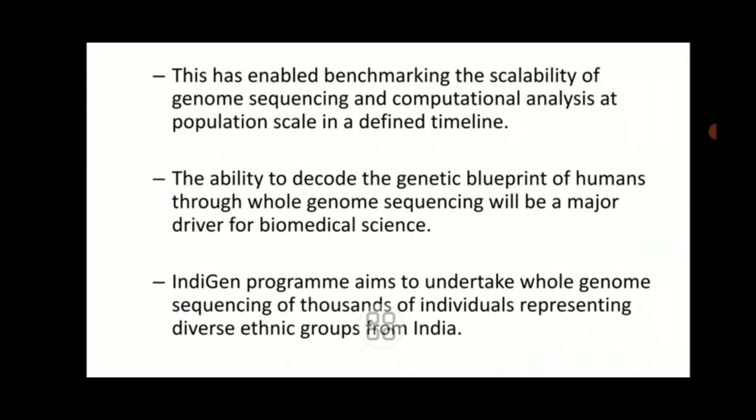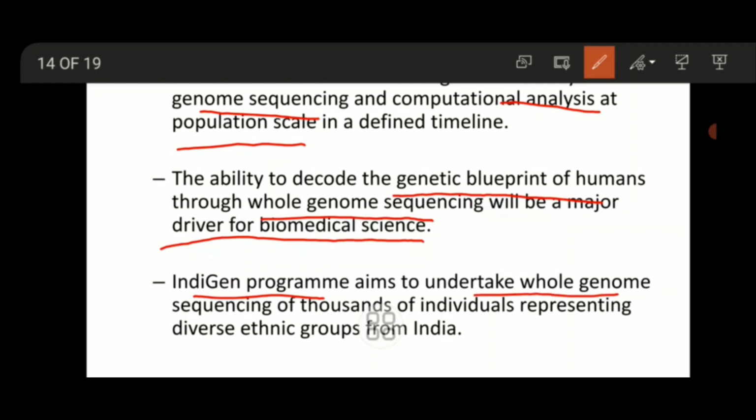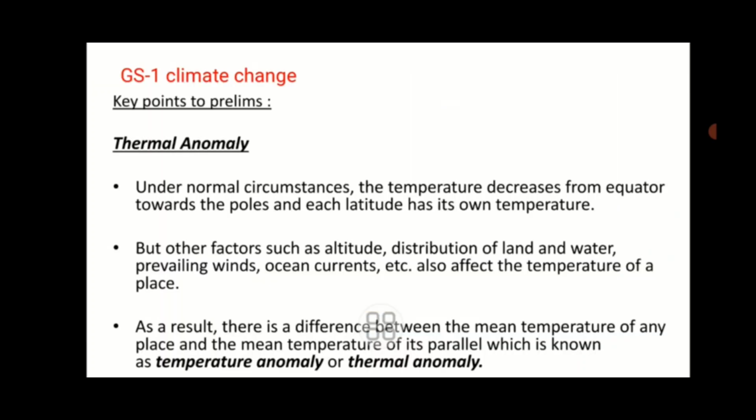This has enabled benchmarking and scalability of genome sequencing and computational analysis at the population scale. The ability to decode the genetic blueprint of humans through whole genome sequencing will be a major driver for biomedical science. The IndiGen program aimed to undertake whole genome sequencing of thousands of individuals representing diverse ethnic groups from India.